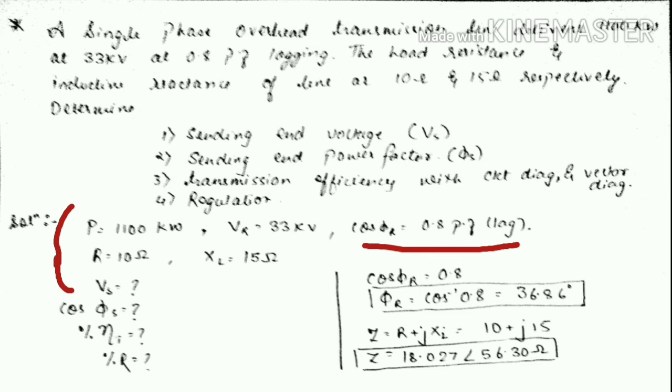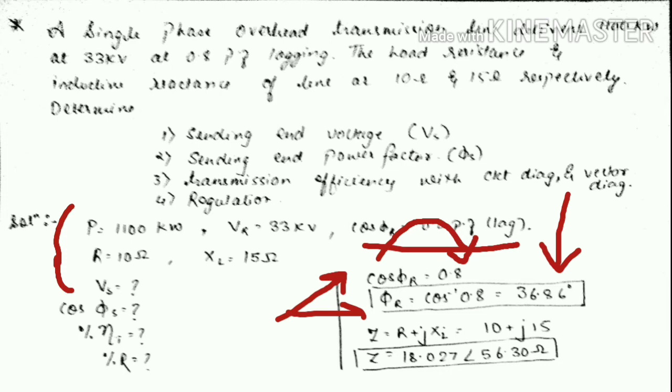So the first point to be found is the value of angle. What is given? Cos phi is equal to 0.8. So we will find phi, means angle. The angle will be cos inverse 0.8, which is equal to 36.86 degree.